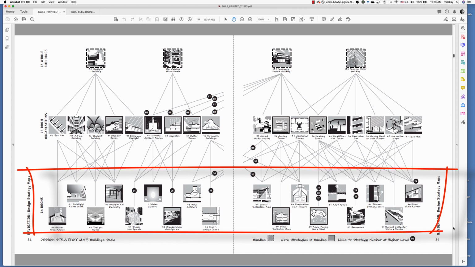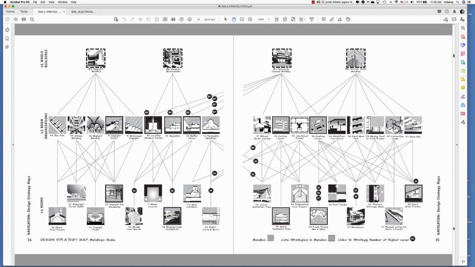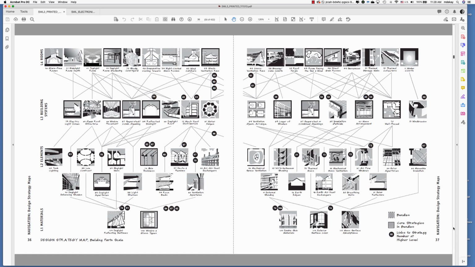There are more rooms than floor plans, for instance, is one way to think about it. And each one of those at the room scale combines with one or more other strategies to help form a larger strategy at the room organization level. And then we're on down to level 3, building systems, level 2 elements, and level 1 materials.